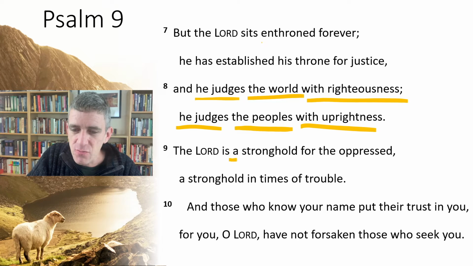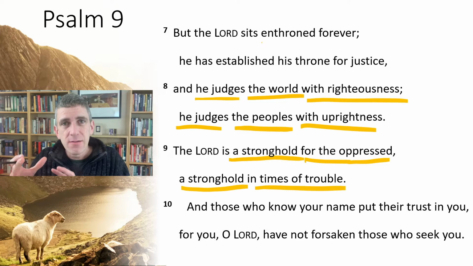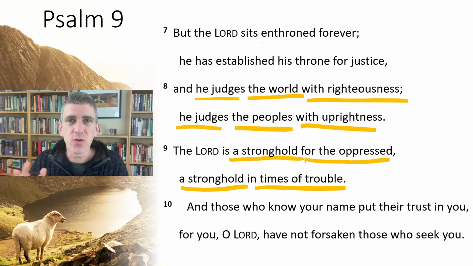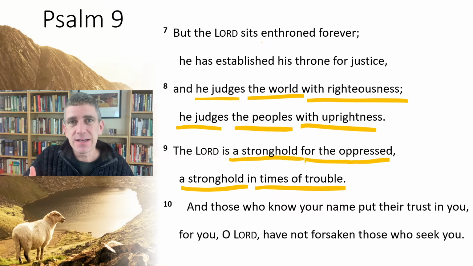The Lord is a stronghold for the oppressed, in times of trouble. Slightly different wording, but essentially reinforcing the same point. So sometimes the second line reinforces the first line by essentially saying the same thing. It's technically called synonymous parallelism, don't worry about that.